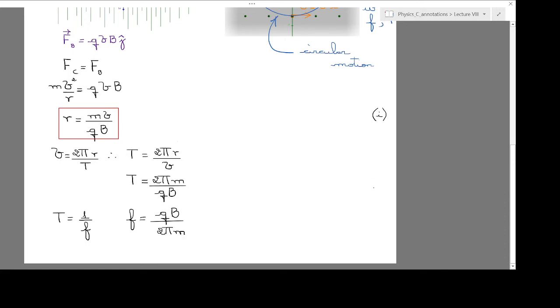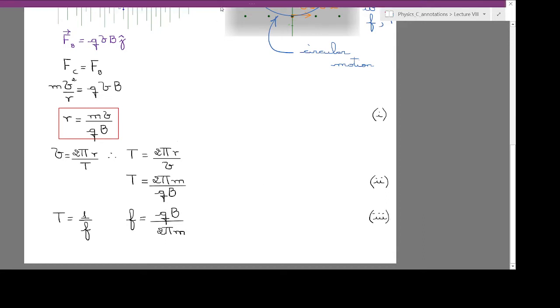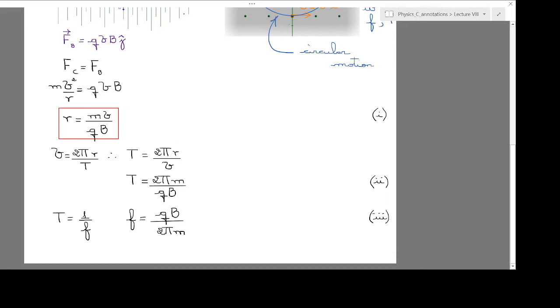So this one is important. We're almost there, almost characterizing the whole circular motion for this particular case. Let me highlight here these results. Good, okay.